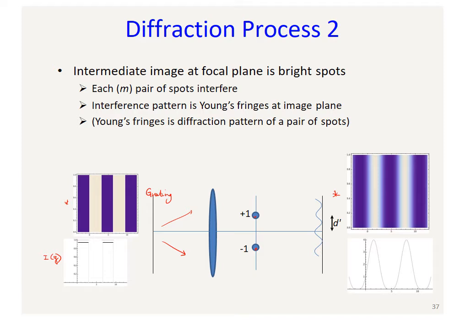You can see it's got the same periodicity, but it doesn't have the beautiful square sides of our original object. It's been quite blurred out. As we increase the size of our lens and we include more orders, plus or minus 2, they'll interfere together, but because they're further apart, their d prime is going to be much smaller. We'll have higher and higher frequencies included in our final image, and in the next slide you'll see what happens.